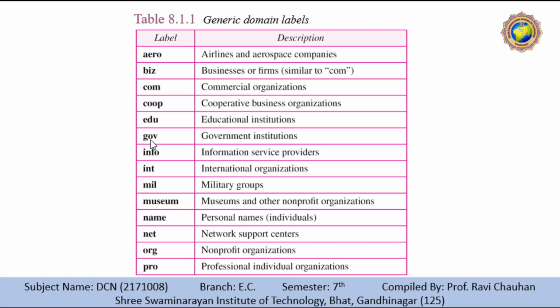GOV is for government, INFO is for information service providers, INT is for international organizations, MIL is for military groups, MUSEUM is for museums and other non-profit organizations, NAME is for personal names, .net is for network support centers, .org is for non-profit organizations, and PRO is for professional individuals and organizations.